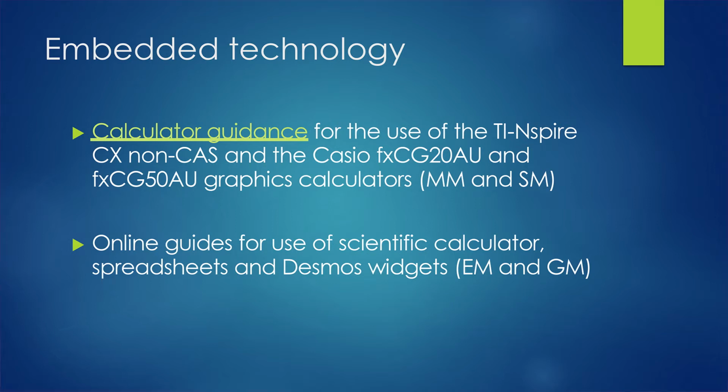Okay, so just be mindful that all of those are non-CAS based calculator examples, and be aware that of course the General Mathematics and Essential Mathematics students don't use graphics calculators. All they need is a scientific calculator. There are guides in the interactive textbook on the use of the scientific calculator. There are guides on the use of spreadsheets and also Desmos widgets, and I'll let VJ talk at great length about that shortly.